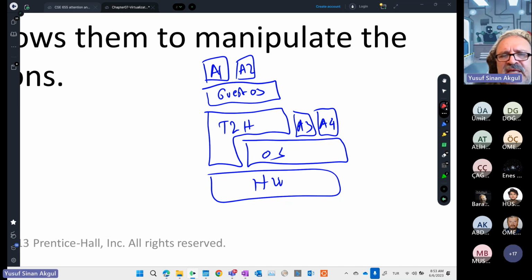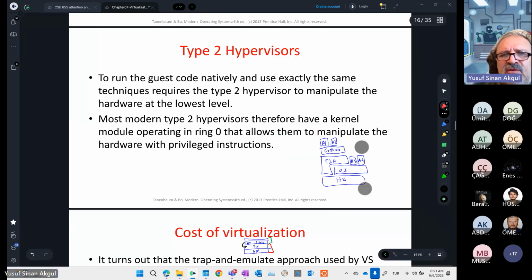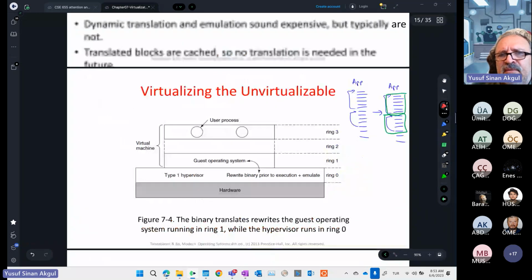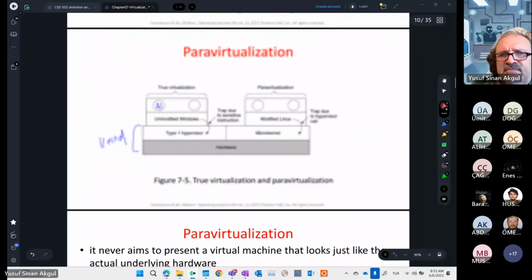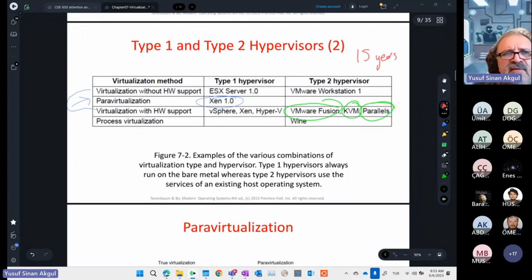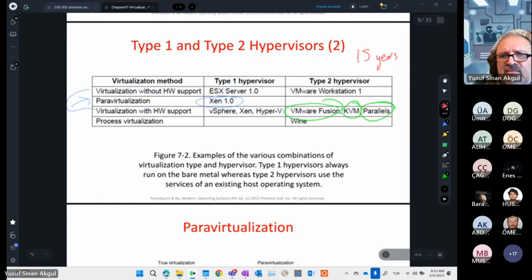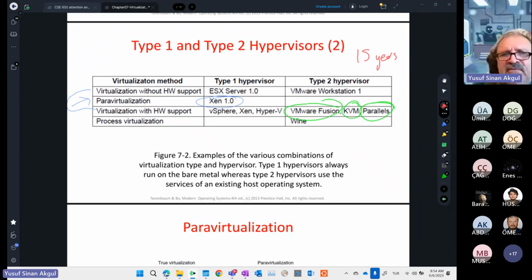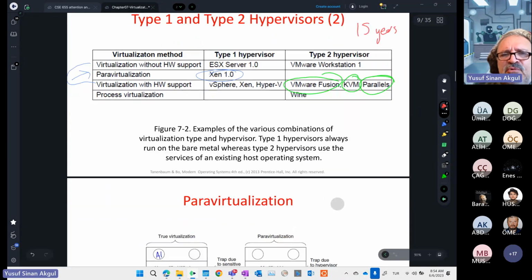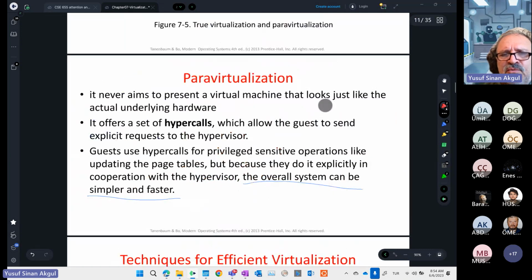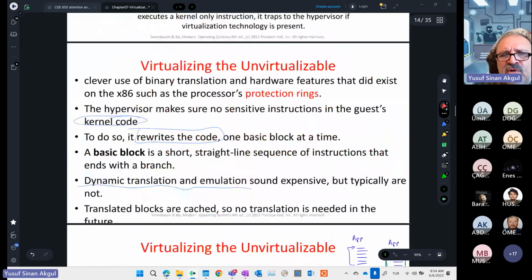So that's why when you install your VMware or KVM, whatever it is, it takes some time to install. It takes a few reboots of your computer. Why?